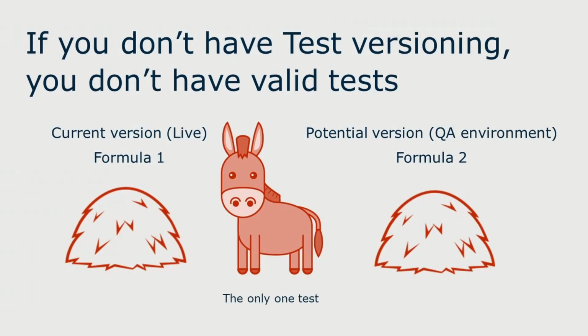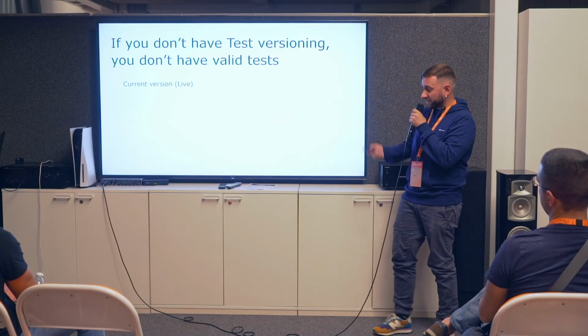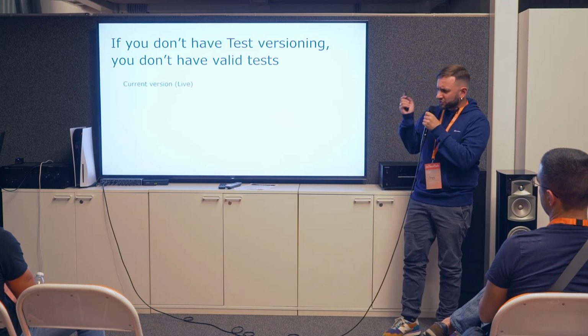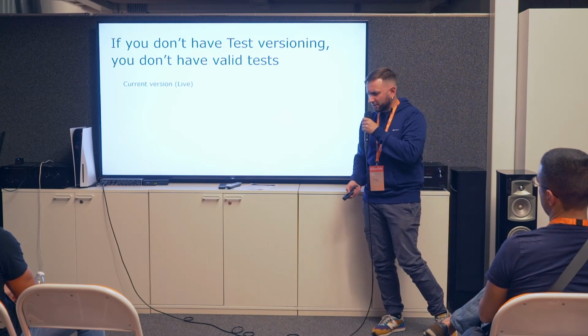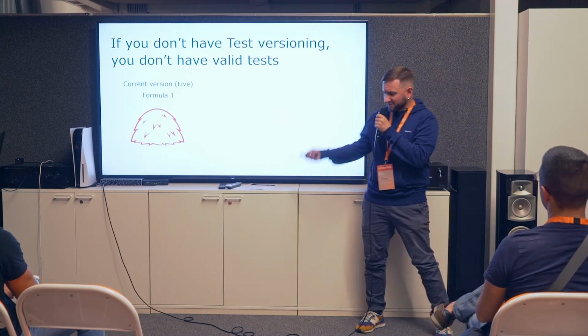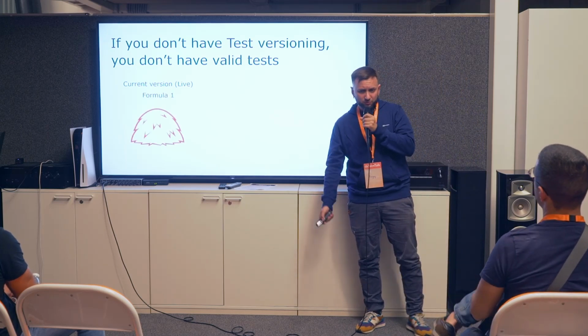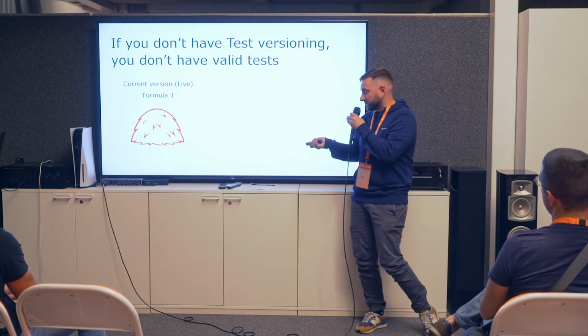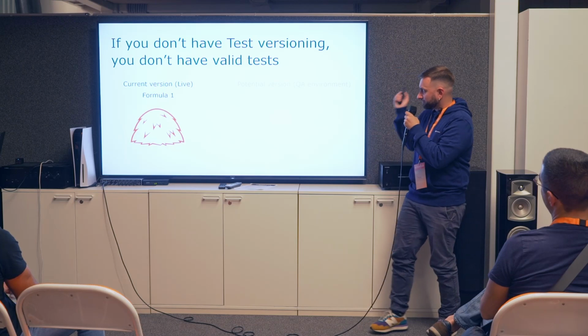First of all, if you don't have test versioning, that means we don't have valid tests at all. For example, we have the current version, our application is working, some users are logged into it and are spending their money using this application. And we have some metric which is displayed using a formula.